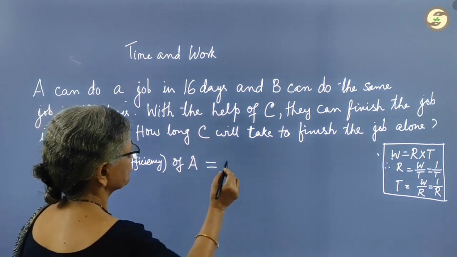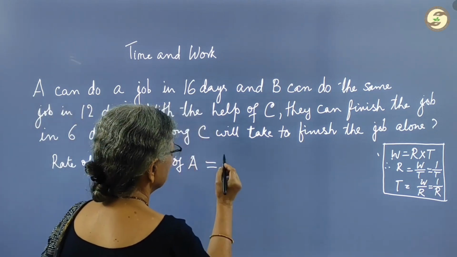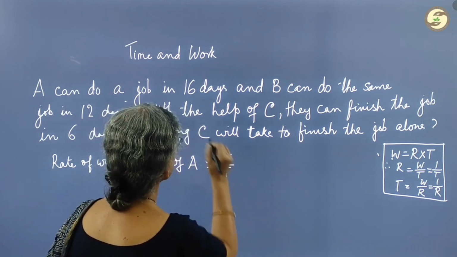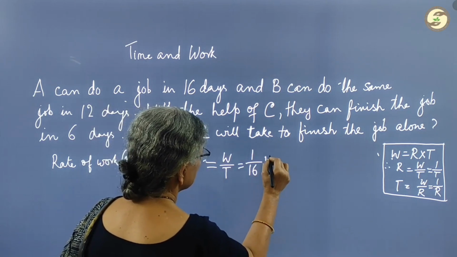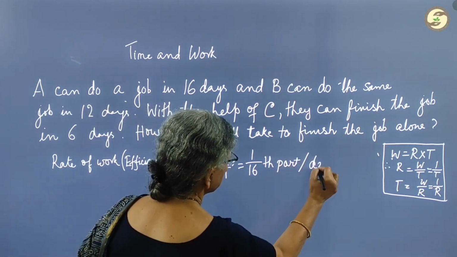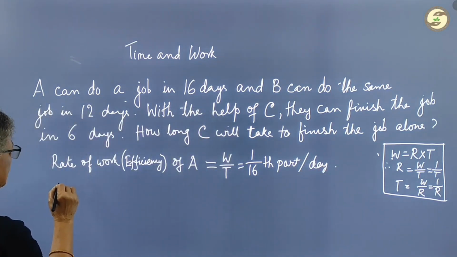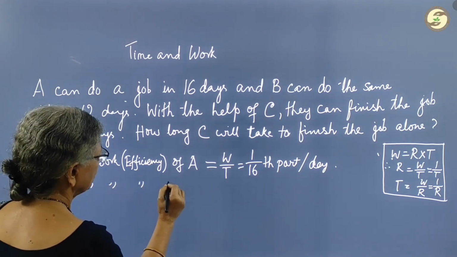So rate of work of A is, if we go by the formula, work by T, total work is 1 and T is 16 days. So 1 by 16th part of the work per day, that is A's rate of work. And rate of work of B or efficiency of B.